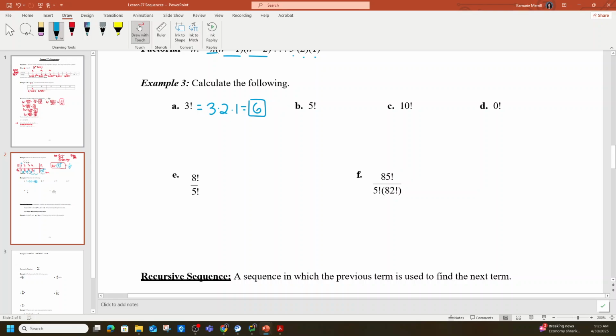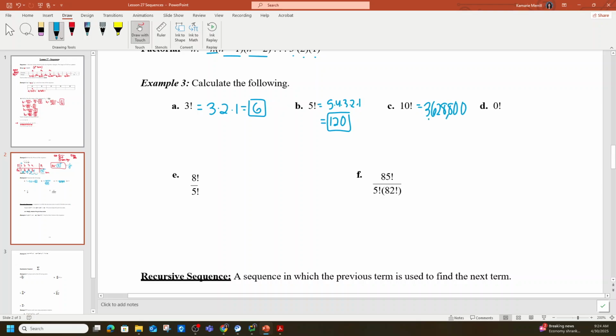All right. So let's find 5 factorial in your calculator, or you guys can take the time to times it out. What did you get? 120. Did anybody find 10 factorial in their calculator? 3628800.